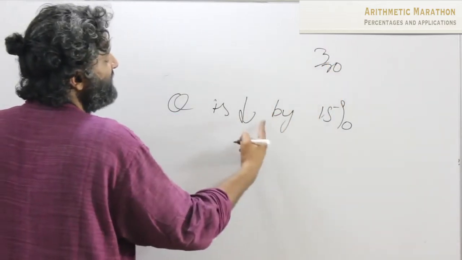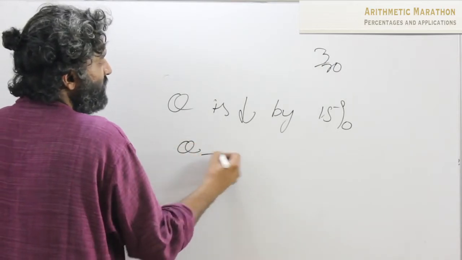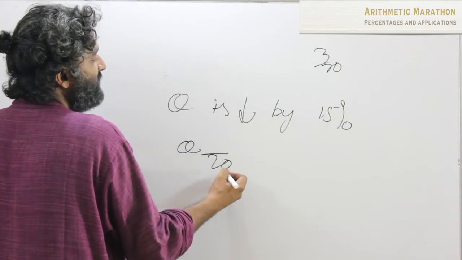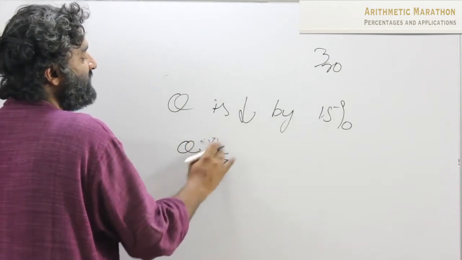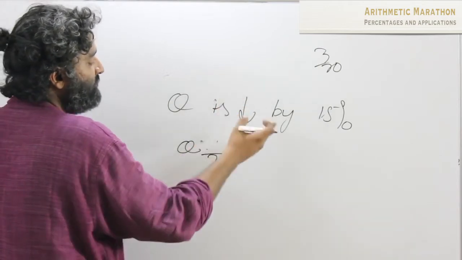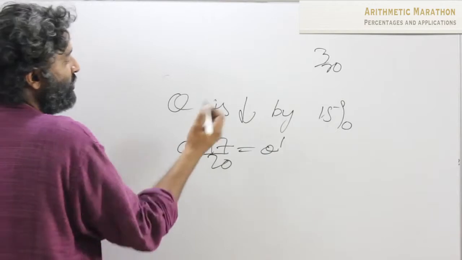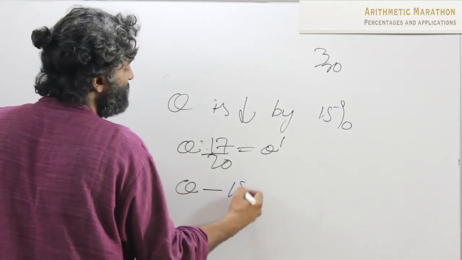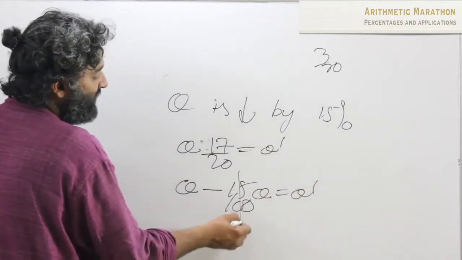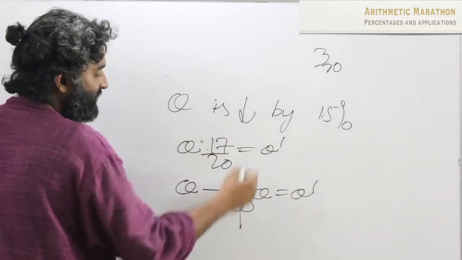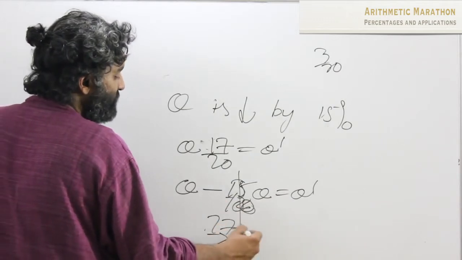But here it is decreasing, so first of all you just write Q, put the denominator as 20 only. So if there was no change, Q would have been 20 by 20, but it is decreasing by 3 by 20, so this would become 17 by 20. This would be Q dash. Your long way would have been Q minus 15 by 100 of Q is equal to Q dash. This 15 by 100 would have become 3 by 20 only, and when you would have worked it, you would have got 17 by 20 Q only.